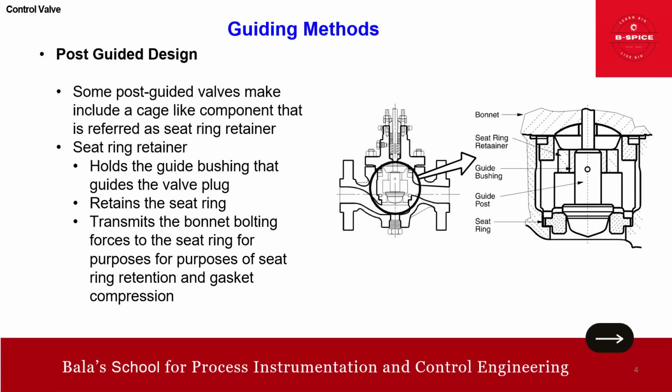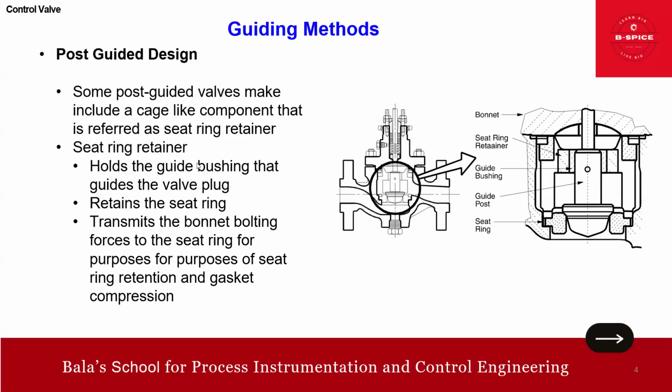Maybe I just want to touch upon a bit here. This guiding method, meaning the post guiding method, gives excellent valve plug stability, and the flow geometry is compatible with very thick, erosive, sticky fluids. So just remember this. Also a note: this seat ring retainer does not characterize any flow.